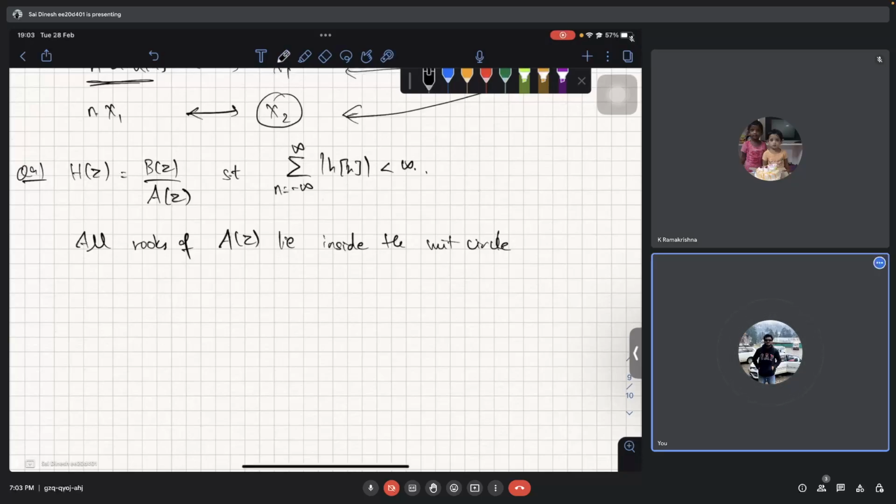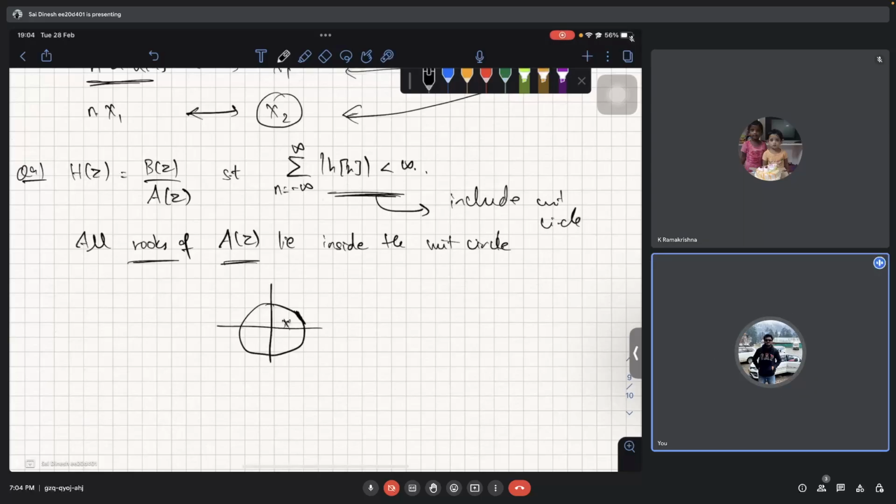Okay, so which of the following statements are true? So he's saying that it's absolutely summable, and then the roots of A of z lie inside the unit circle. So the root is somewhere over here, but since it is absolutely summable, it should include the unit circle. So if the pole is here and if it needs to include the unit circle, what is the property?